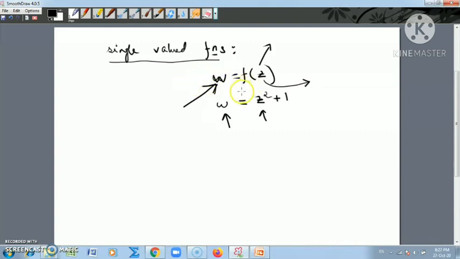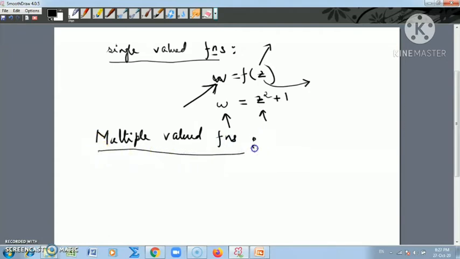single valued function. But then there are certain functions which are not single valued, they are multiple valued functions. And students, this is not applicable only to complex variables. We have the concept of single valued and multiple valued functions in all kinds of variables.